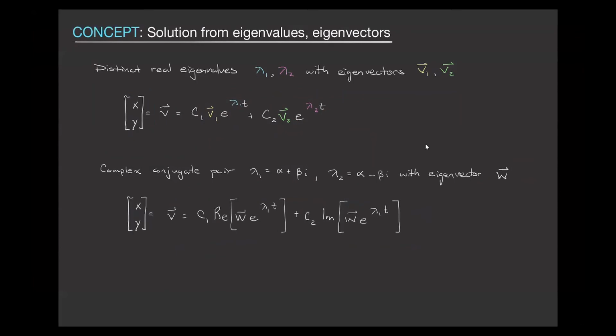Okay, so this is how this is going to look. If you remember this formula, this is the base one that I would remember for sure. And then from there, think about what would change if you had a complex conjugate pair instead of just distinct real eigenvalues. That's how I remember it. It's like this, and then you modify it when you get to the complex conjugate case.